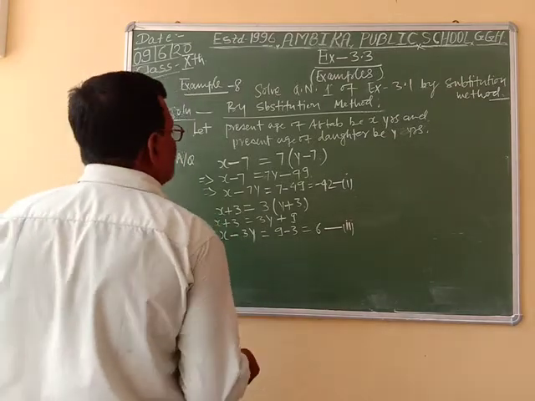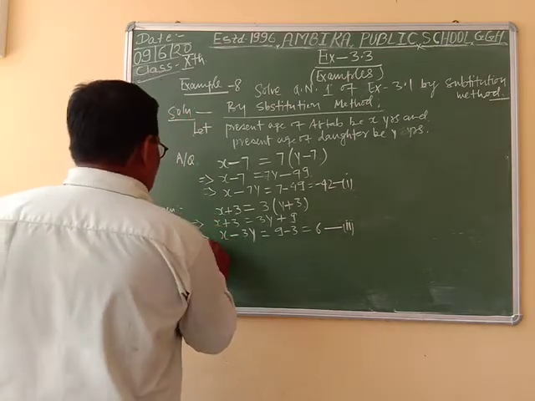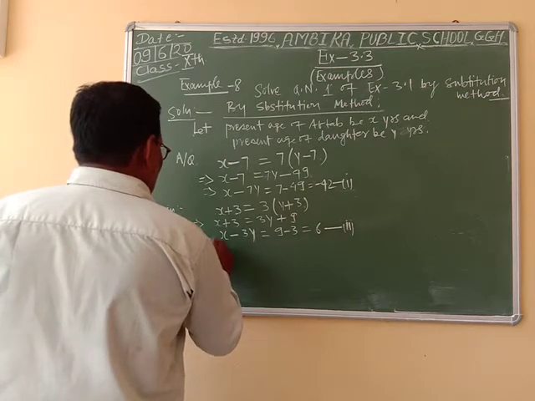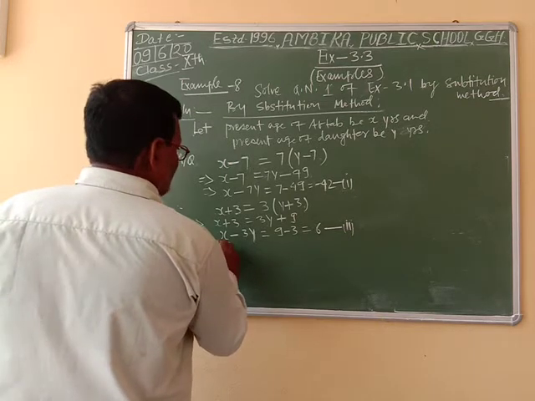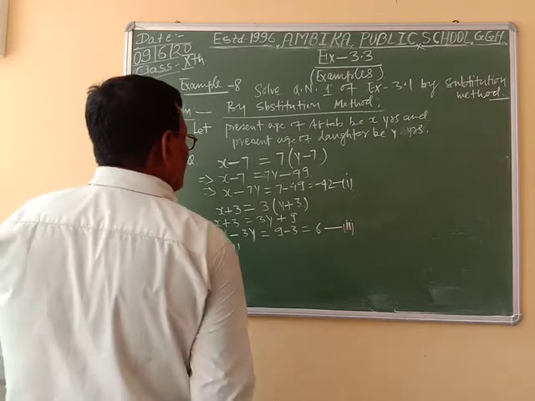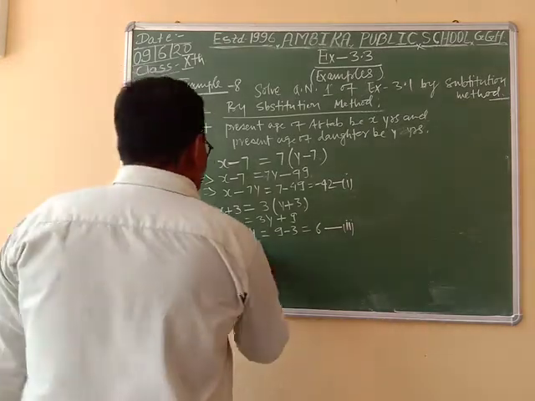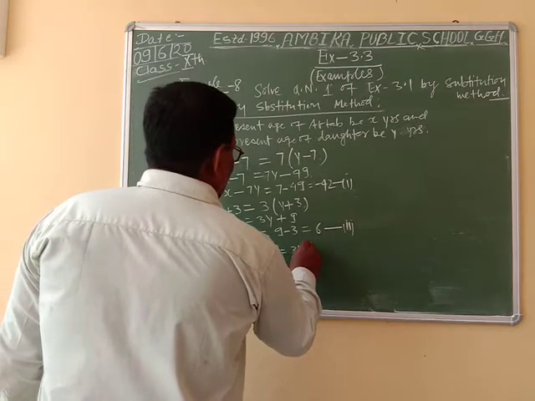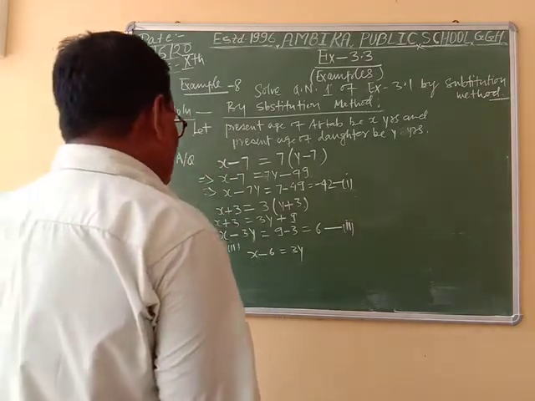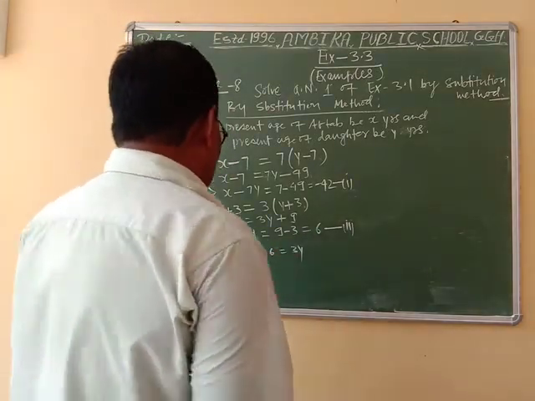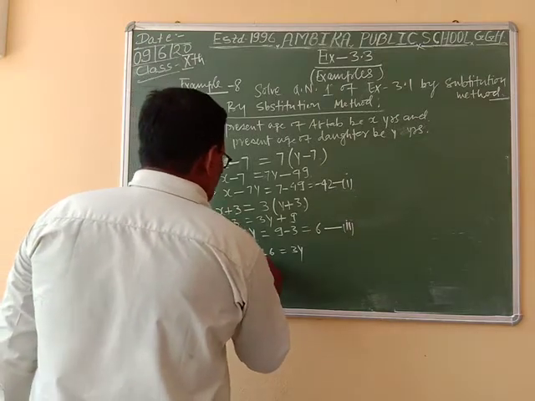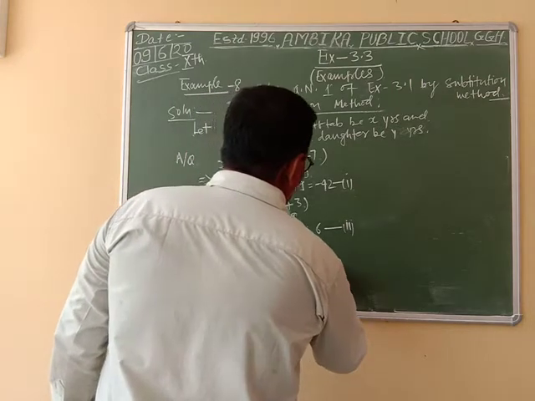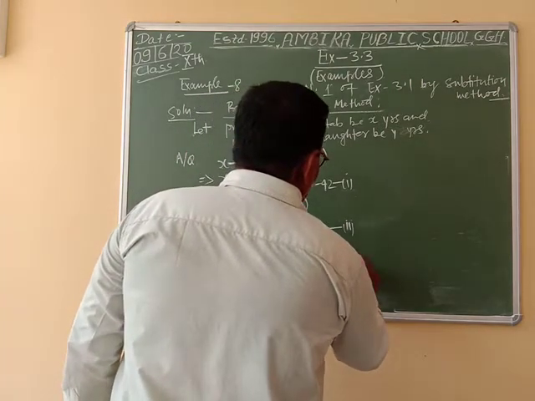So from equation 2, x minus 6 is equal to 3y. By transposition, x minus 6 is equal to 3y, or y is equal to x minus 6 by 3. Consider it equation number 3.